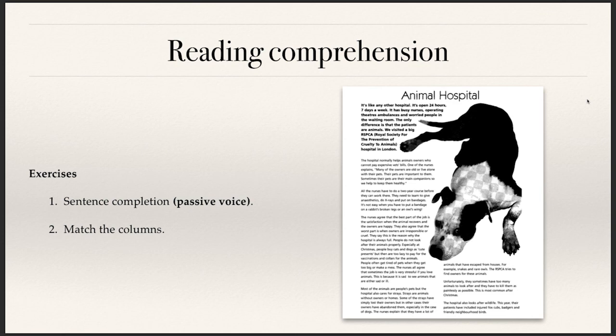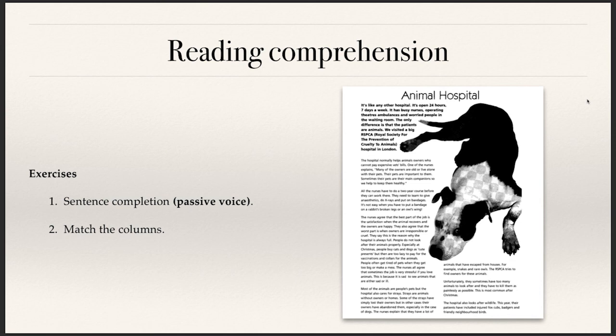So I can say something like this: I was given a sandwich. In that case, I am using passive voice. So I was, that is the verb to be in the past, was, and given, which is the participle of the verb give. That's why I can say I was given a sandwich.